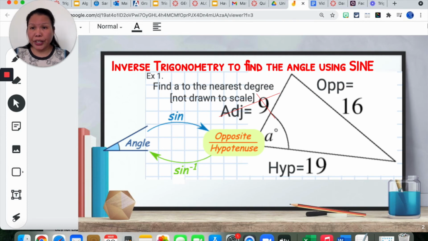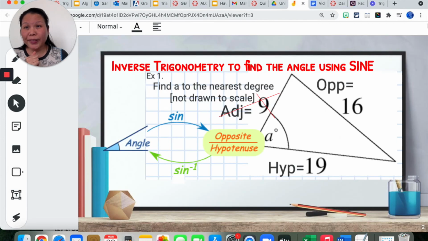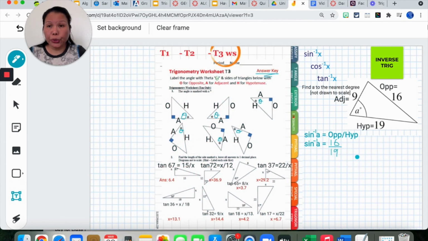If you are using sine, remember SOHCAHTOA? SOH. I need the opposite side and the hypotenuse. I don't need any other side. Substitute in the sides that we know. Opposite side is going to be 16, so I will write the number 16 in. The hypotenuse is given to be 19, so I will write 16 over 19.